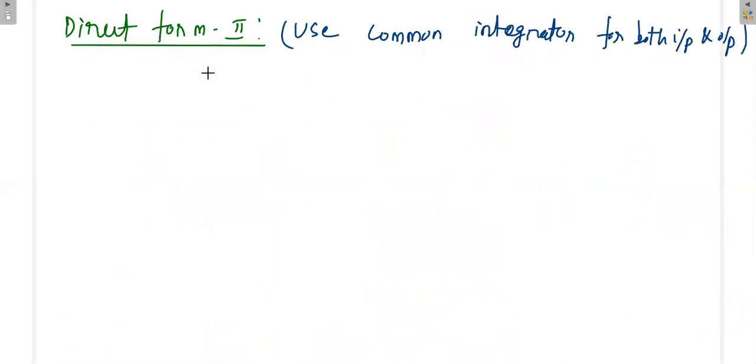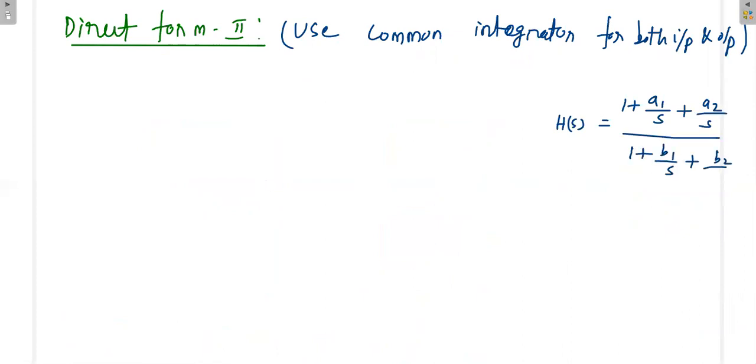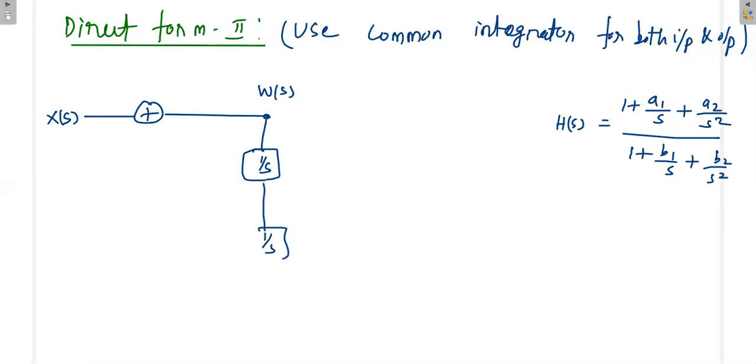And again, what is the structure? Again, H of s, I can write this side, H of s is equal to 1 plus a1 by s, a2 by s square, over 1 plus b1 by s, b2 by s square, here also s square. Then X of s is given to W of s, some intermediate function, use integrator 1 by s, again use integrator 1 by s.